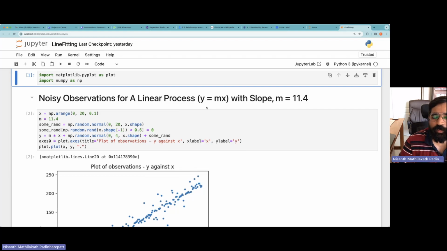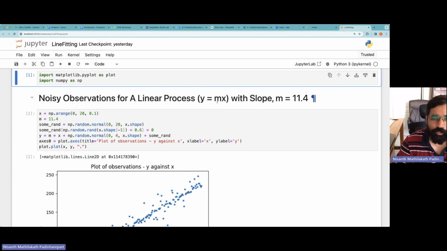If a current I is flowing across a conductor of resistance R, the voltage difference across the conductor will be V. The constant is resistance R. Same thing here. In the case of volume and temperature, volume is represented as Y here, temperature is represented as X, and the alpha we talked about is represented as M.